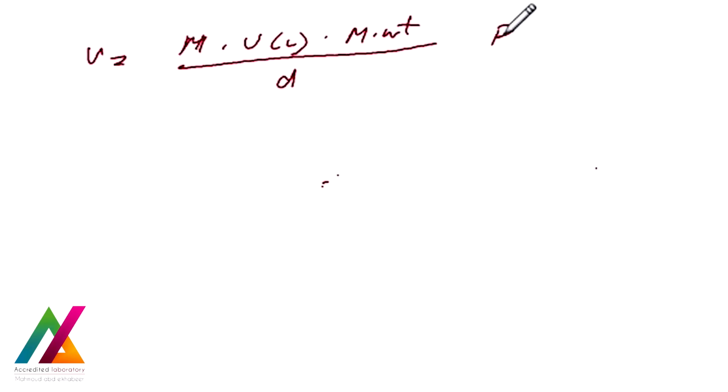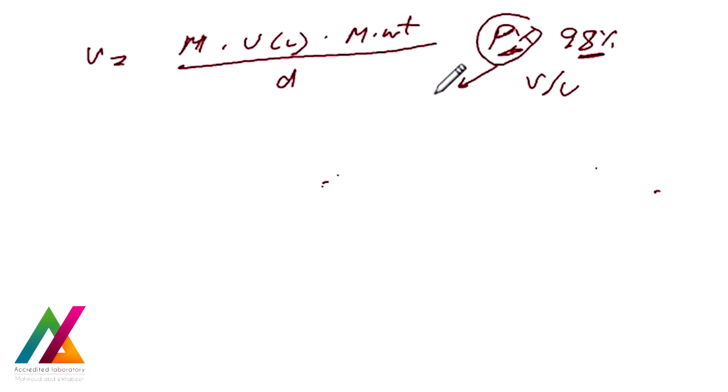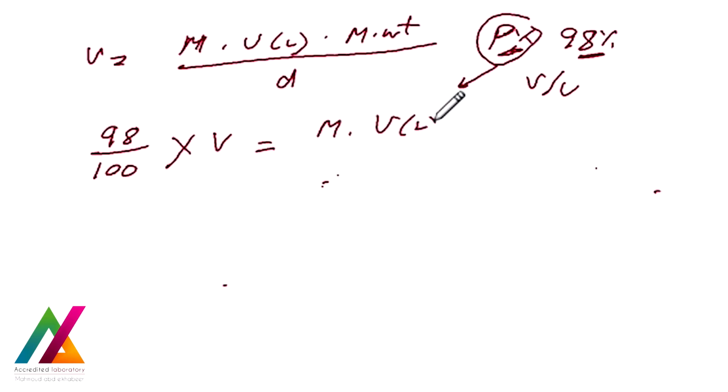And as you know, the purity for H2SO4 is equal to 98%. That means in 100 gram of H2SO4 solution, there is 98 gram H2SO4, or we can say 98 ml in 100 ml H2SO4 solution if you calculate the percentage volume per volume. So add the purity in this equation, so it will be 98 divided by 100, the purity, multiplied by volume, equal to M V molecular weight divided by density.